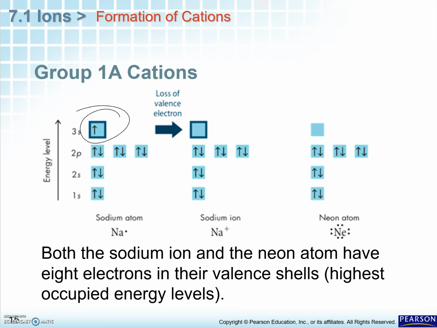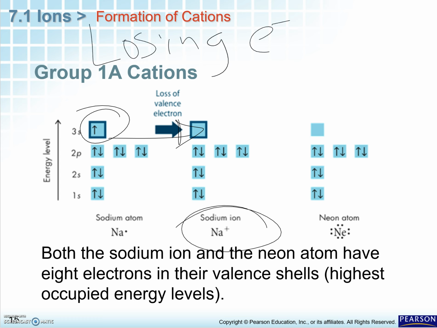So you could either gain 7 more to fill that octet, or simply lose that one. It causes it to have a positive charge because remember, losing an electron means that you are going to become positive. And if you compare it to the orbital diagram of neon, they look exactly the same. That's because they are.